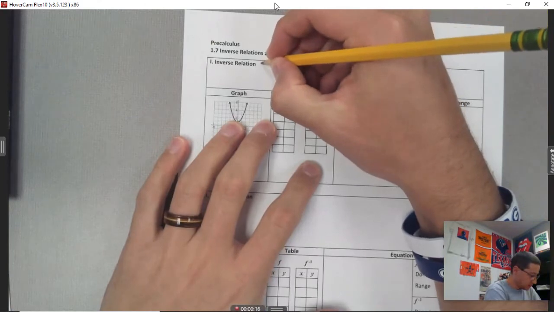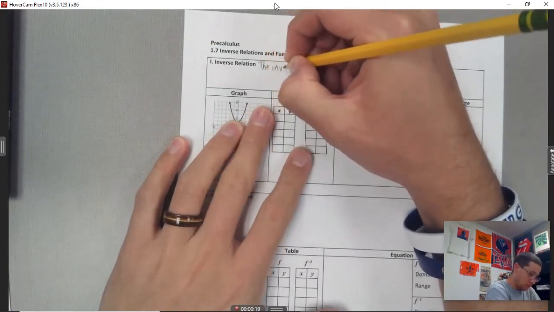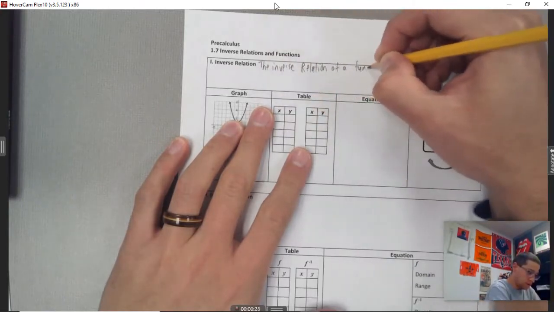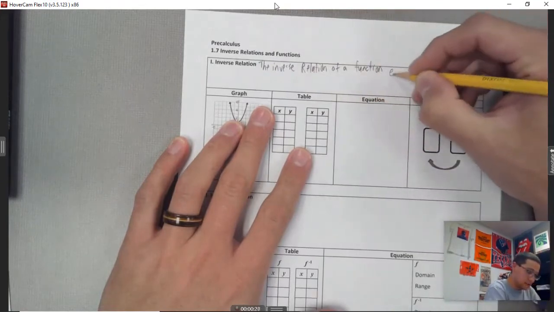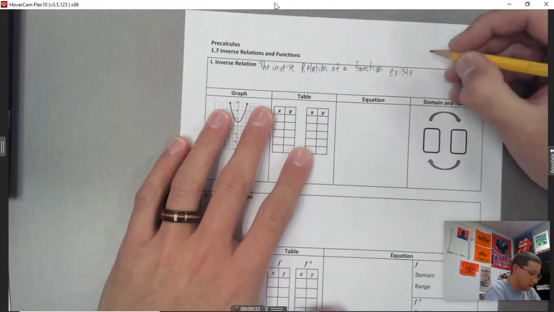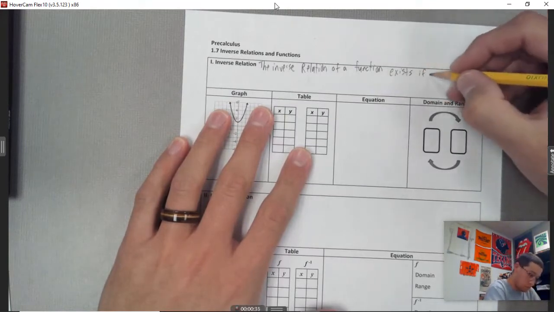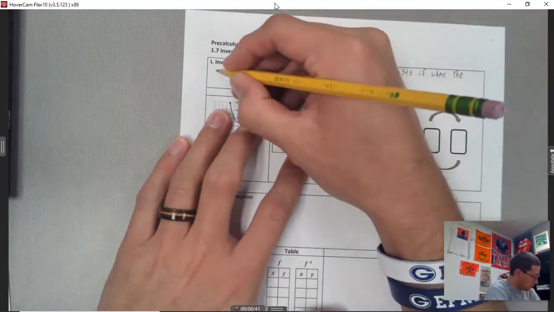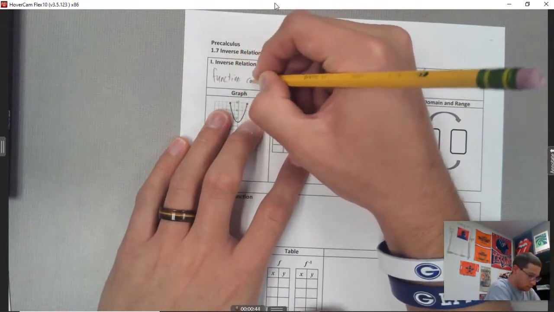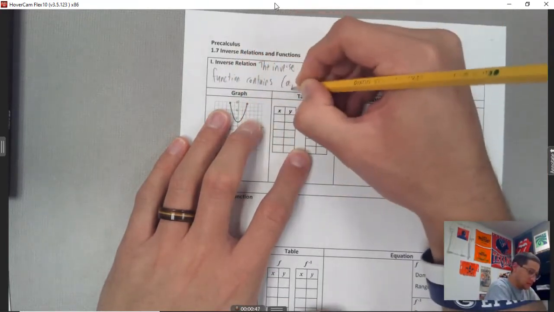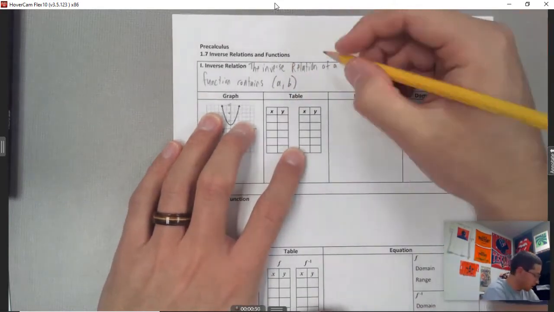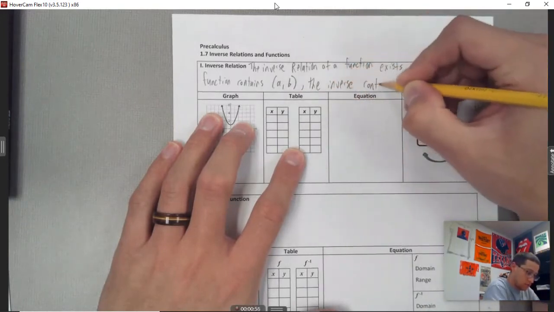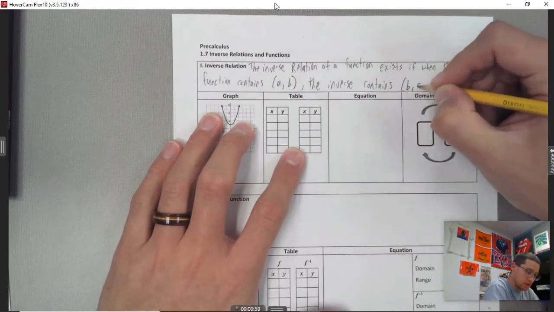Okay, we should say the inverse relation of a function exists if, this is a little bit of a weird statement here, but if when the function contains any a comma b, the inverse contains b comma a.